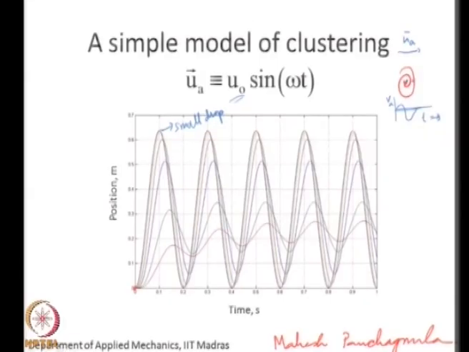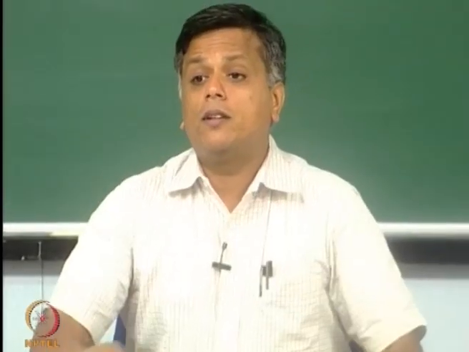The larger drops, as you can see, this is now increasing R. The red line is for the largest drop. The largest drop tends to actually move. So, its center of mass moves to, let us say in this case 0.2 meters from 0, even if the mean velocity of the air is 0.